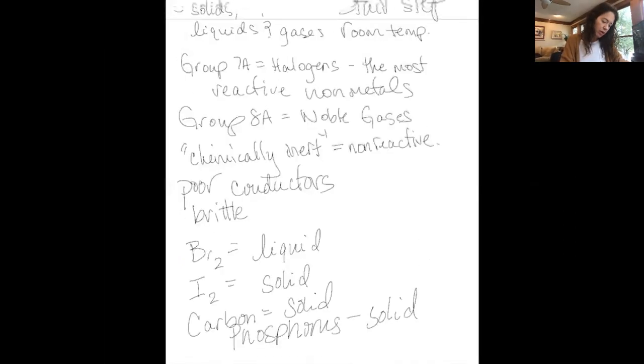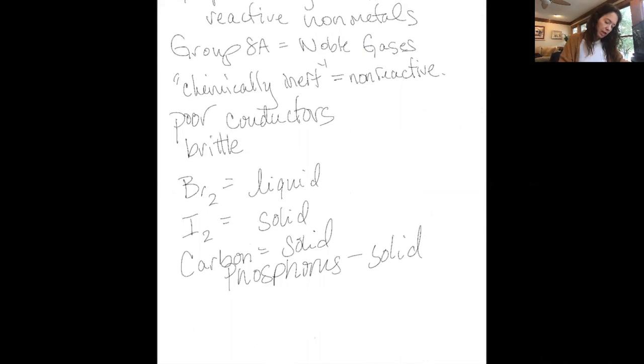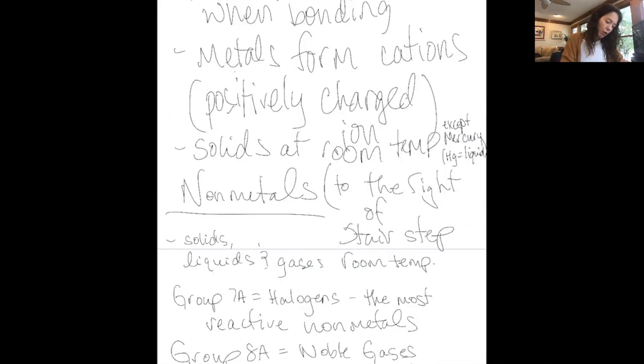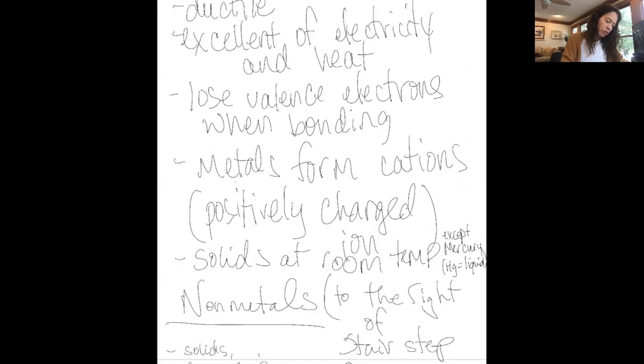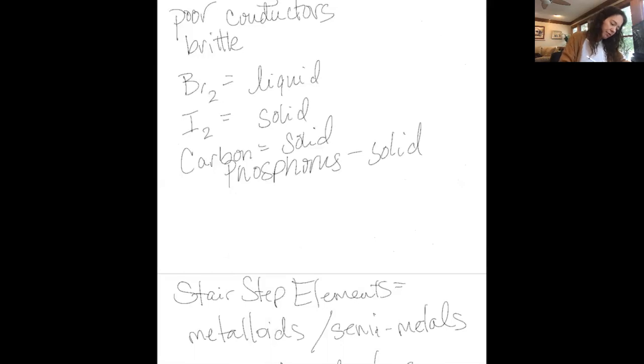It is important that you, let's go back to nonmetals. We said that metals form cations. Metals lose valence electrons when bonding. I'm going to say this a little bit differently. Nonmetals gain electrons when forming ions.